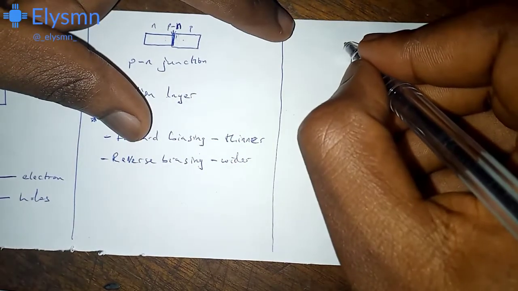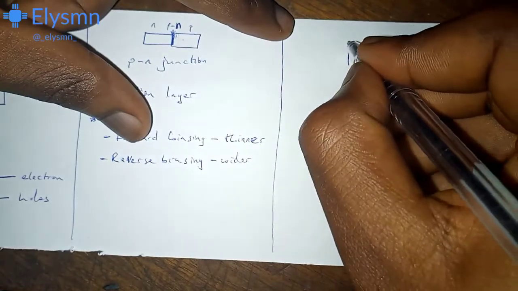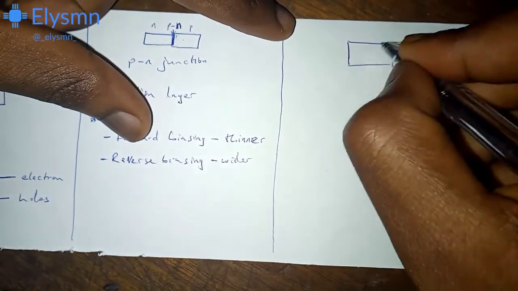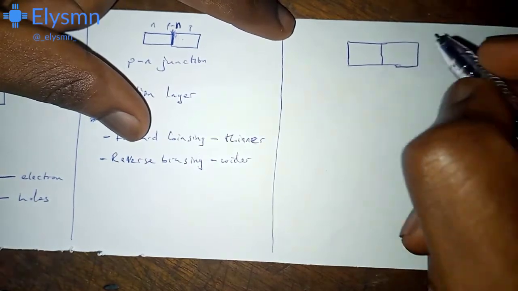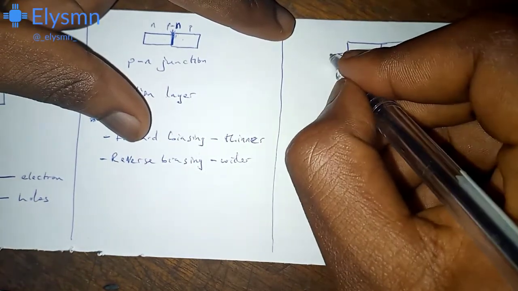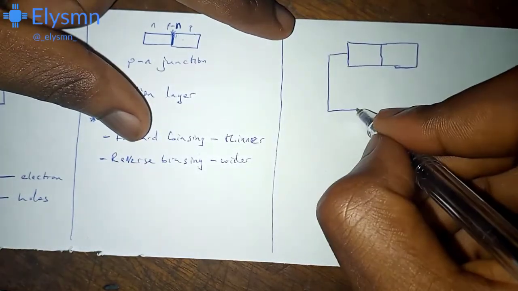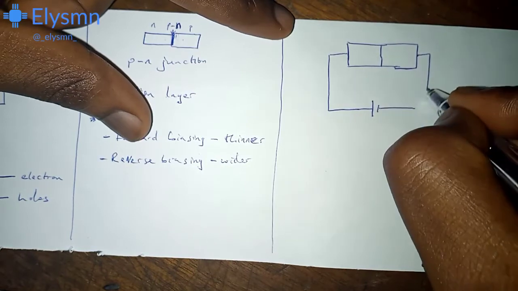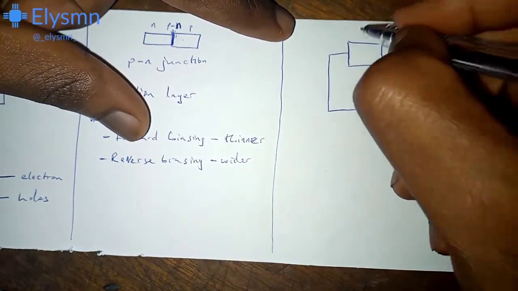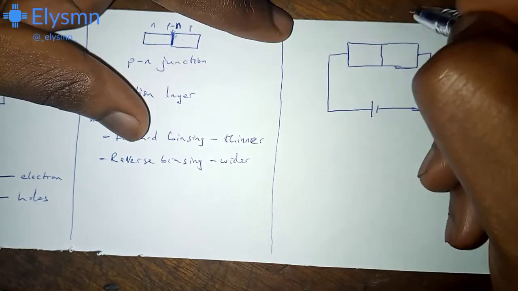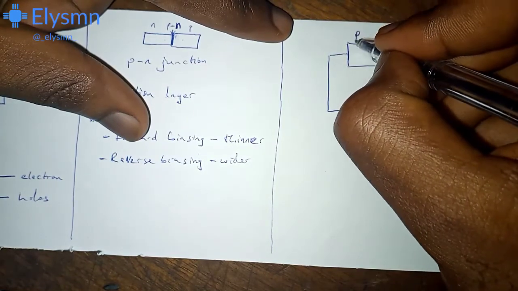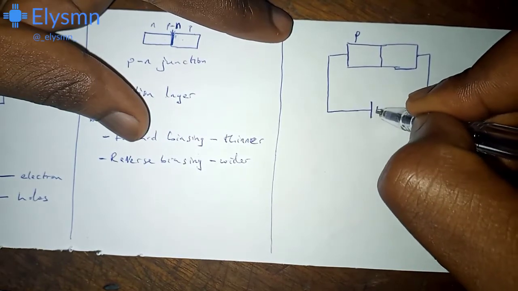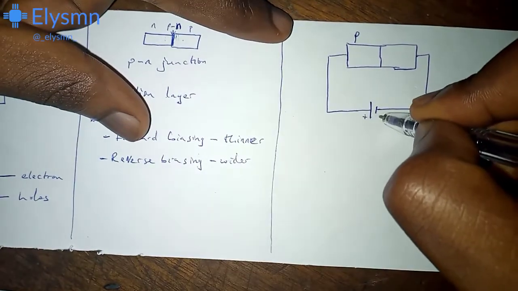So I'm going to draw a mixture of a p and an n type semiconductor to form a p-n junction connected with a battery. If you connect a battery like this to the p side, this is the battery. This longer side of the battery is the positive side and the shorter side is the negative side.